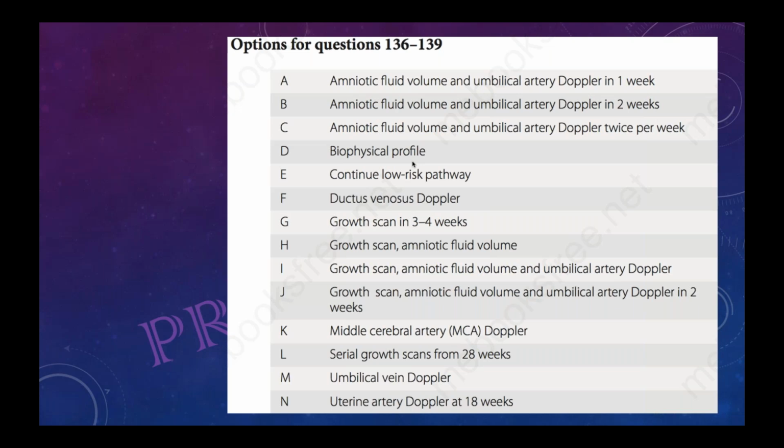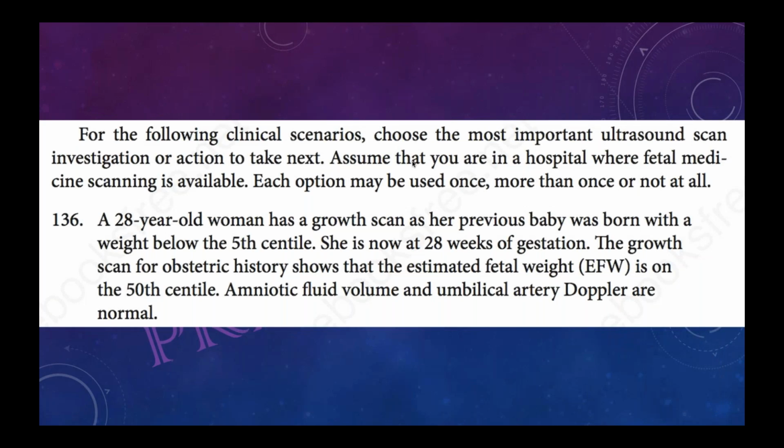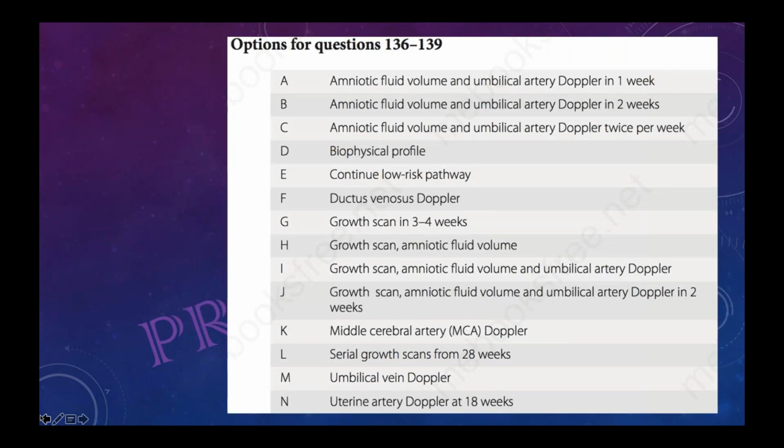Could be J. Read the question again. Is this an SGA baby? No, it will be normal. Her previous baby was an SGA baby. This baby is on the 50th centile. Growth scan in 3 to 4 weeks.